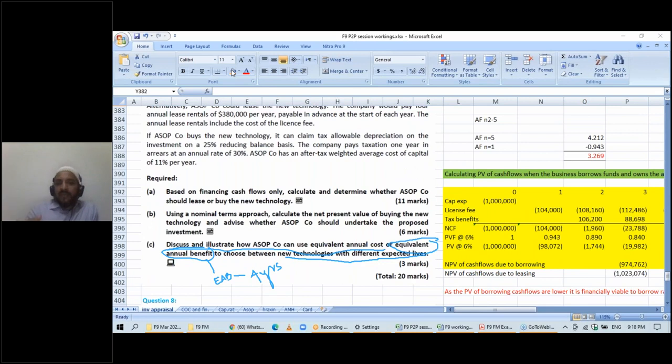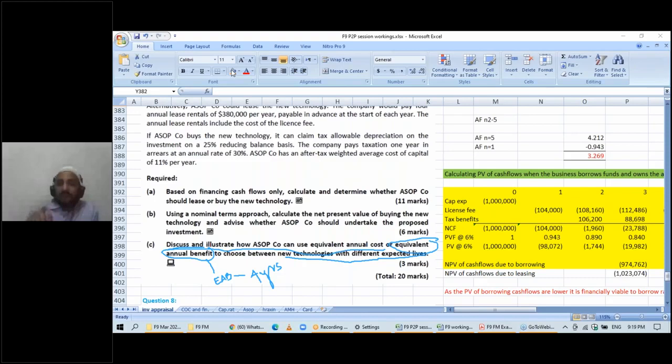Obviously the asset's lives are sometimes 10 years, 15 years, 20 years, but we keep replacing them in shorter time intervals, in 4 years, 5 years, 6 years. So we have to check what time is most suitable. Over here we are replacing in 4 years, but other options available should also be checked, like a 5-year or 3-year option, and the net equivalent cost or net equivalent benefits of those options should also be checked.